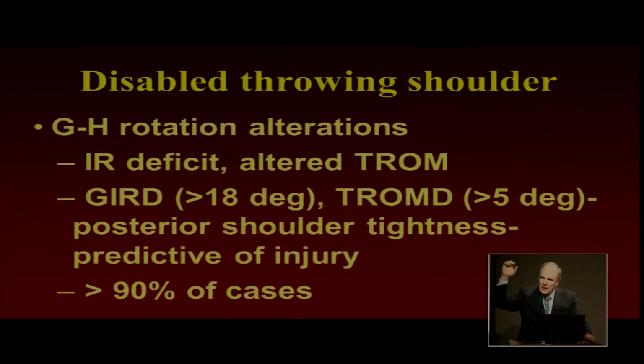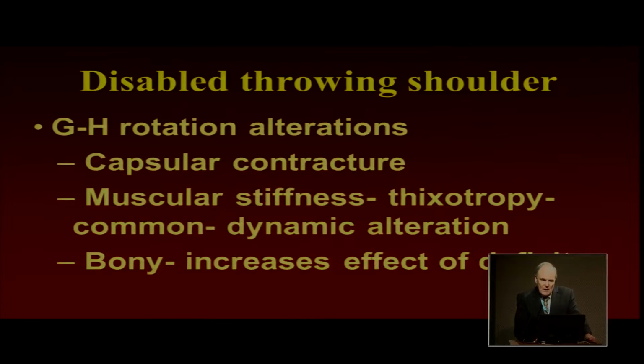It's dialed in. You lose much of that and you really alter the kinematics. This combination, this posterior shoulder tightness, is predictive of injury in baseball players. And over 90% of the cases will have some type of alteration of glenohumeral rotation.